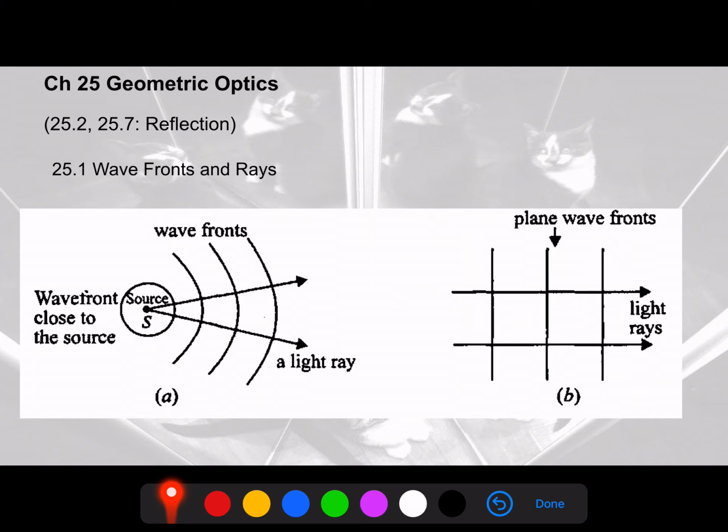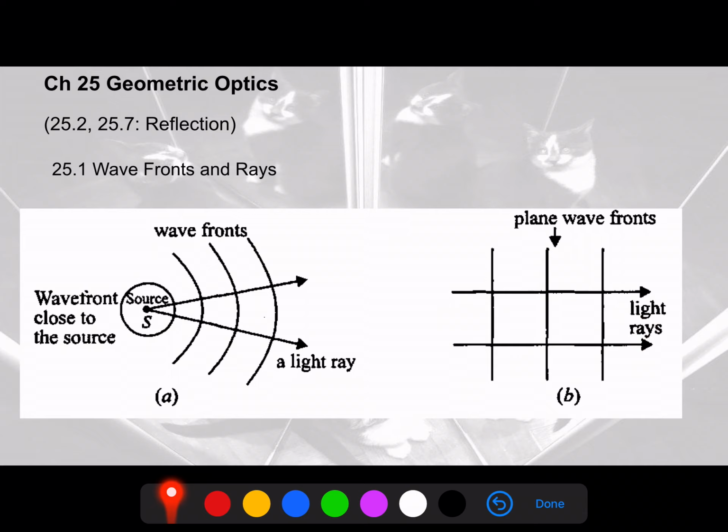Of course, they're not exactly parallel, but it's a close enough approximation, and we would call these plane wave fronts. And then the light rays that we're talking about in this model are essentially perpendicular lines in the direction that the wave travels. Okay, these light rays are going to be extremely useful as we analyze different geometric optics.